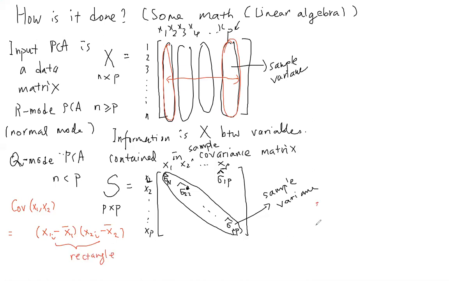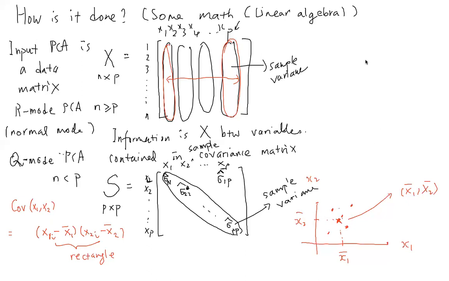If you have data points like this, with x1 on one axis and x2 on the other, the average of x1 may be somewhere around here, and the average of x2 somewhere around here. This center is your centroid, x1 bar, x2 bar.